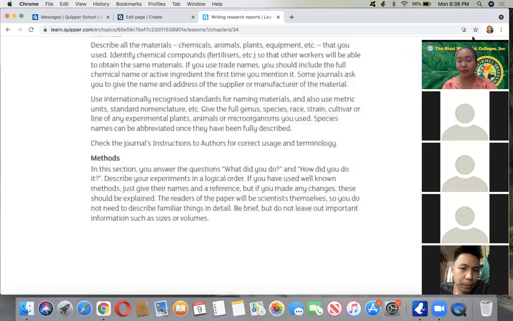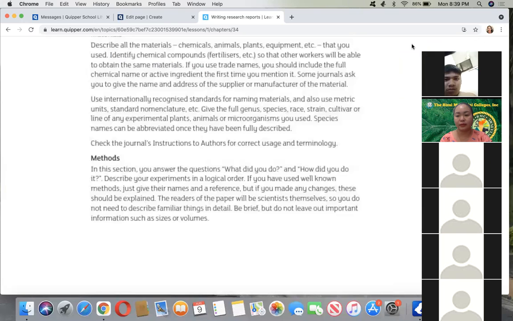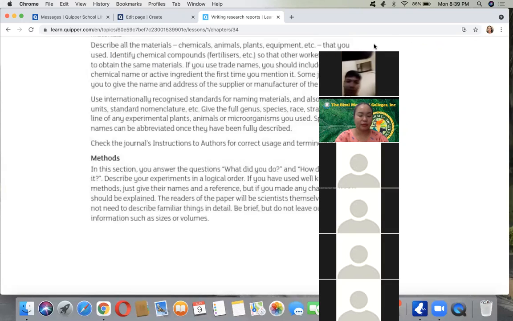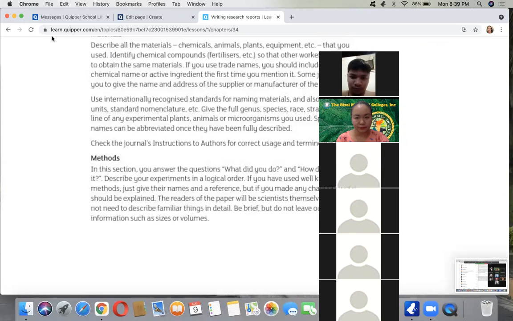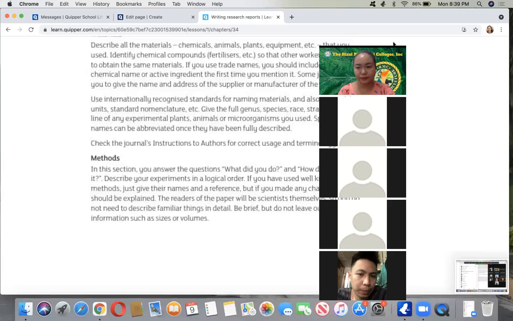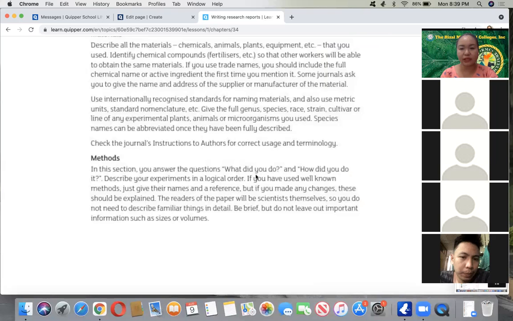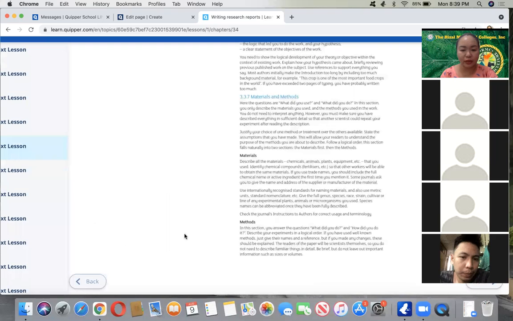From the base up to the longest leaf, something like that. Let me check the attendance again. Okay, so that's for your method.